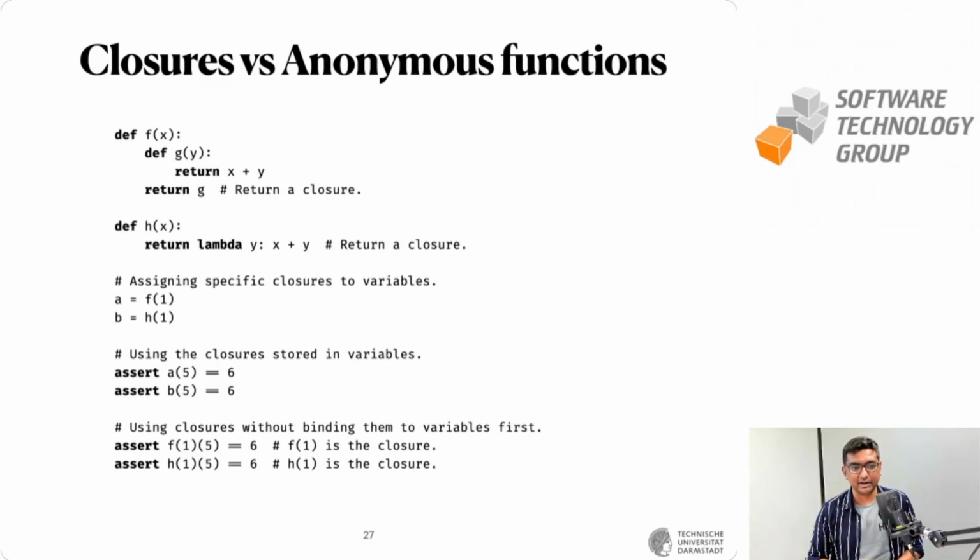For example, you can say f of 1, which uses the version of g where x is bound to 1, and then you can call it with a parameter. Same with h also. So essentially, closures are nested functions where the values of the internal variables are bound.